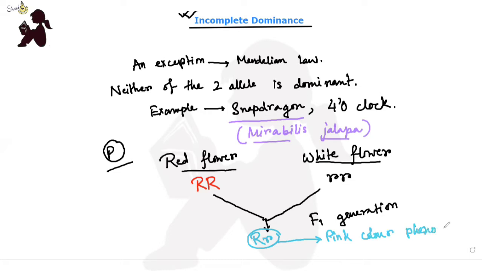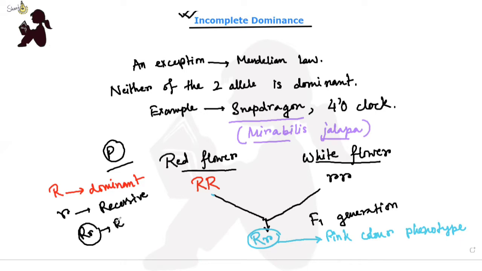So here it failed to prove Mendel's monohybrid cross, where capital R was supposed to be dominant and small r recessive, so capital R, small r was supposed to be red. But this is not the case here. Here capital R, small r represents the pink color phenotype.